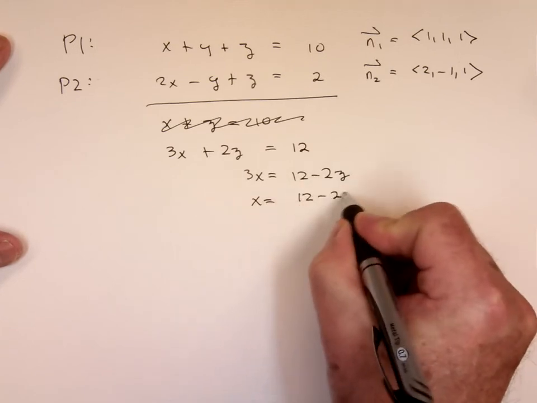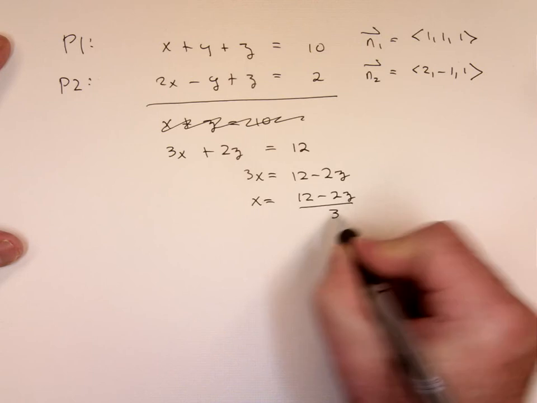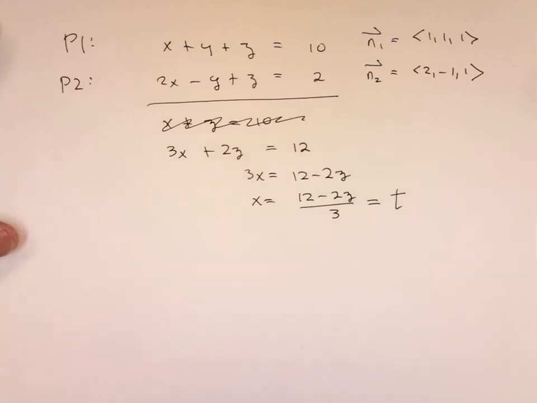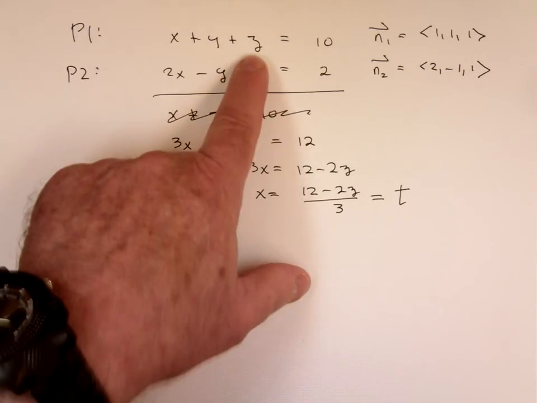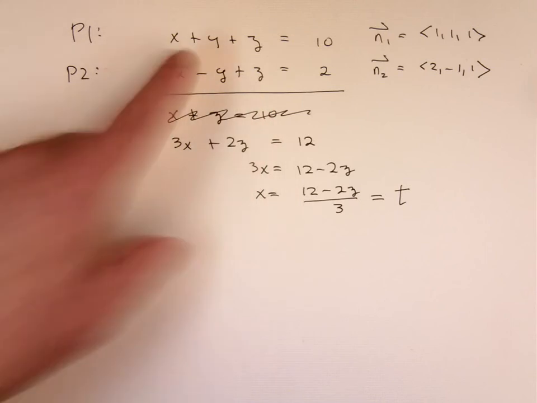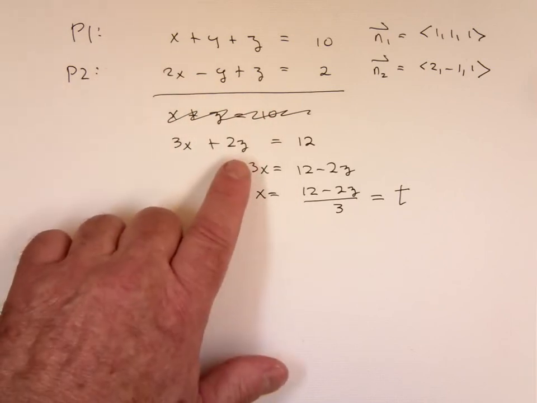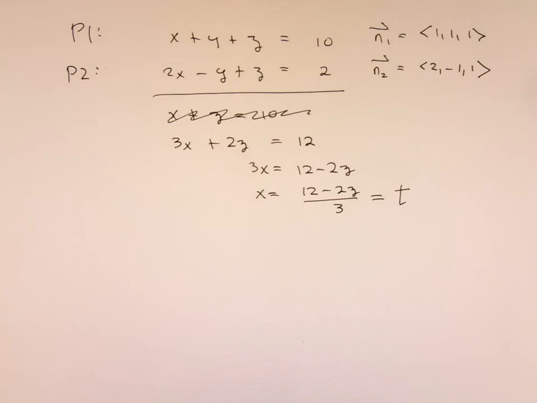I'm going to let that equal t, or k, or s. We could even subtract those equations, and the z's will go out, leaving x's and y's. But that's still going to give us the same thing, so I don't think it's any advantage.